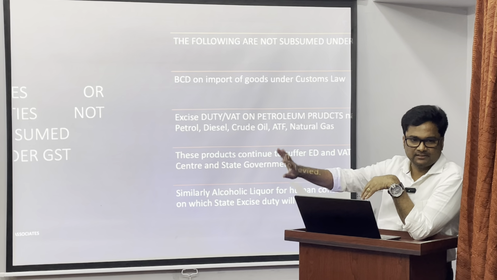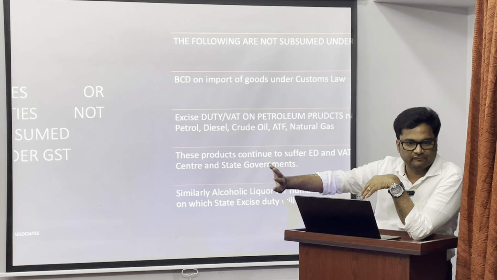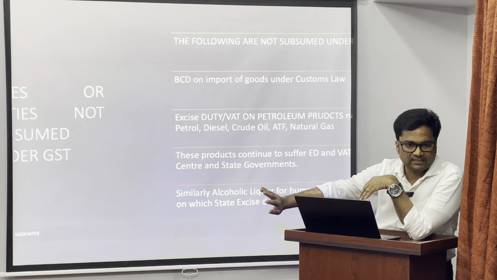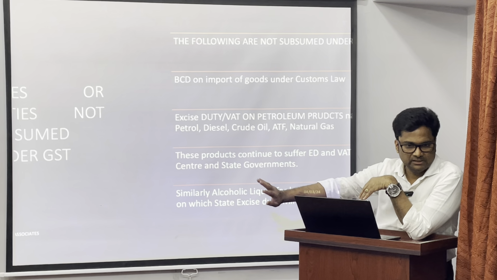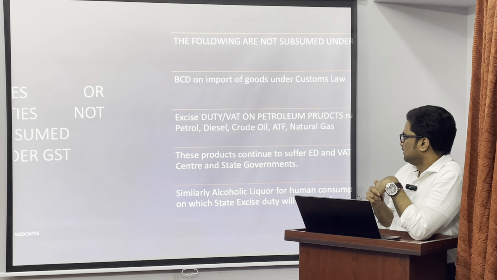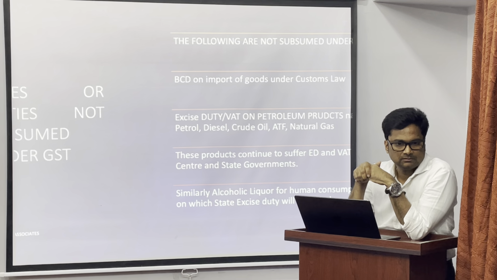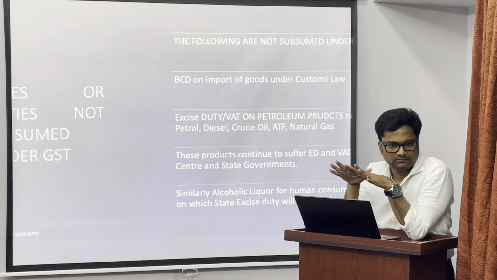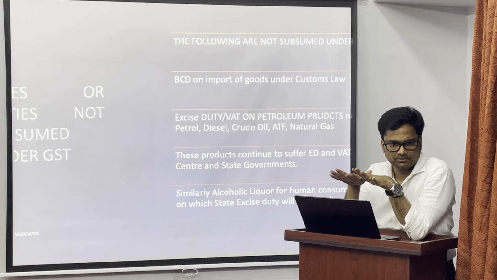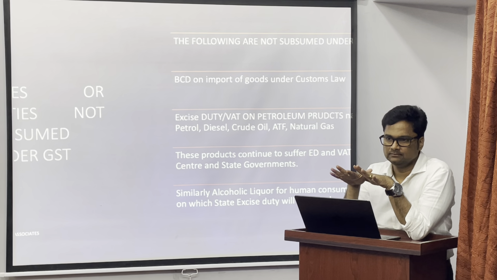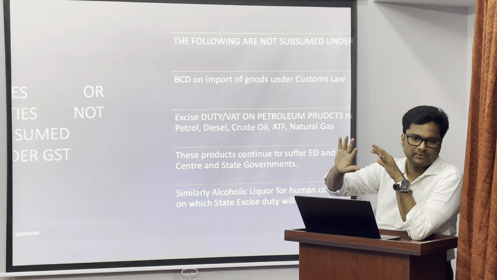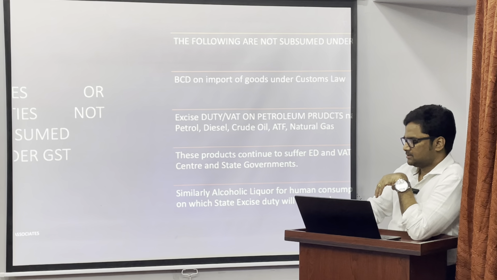They continue to suffer excise duty, VAT, and central sales tax. GST is not applicable. And then alcoholic liquor for human consumption. Liquor is a state matter. The states said we want time. It's a major revenue, right? You all know, right? It's a major revenue. So the states don't want to give it up so early. So for the time being, they kept it outside the GST regime.